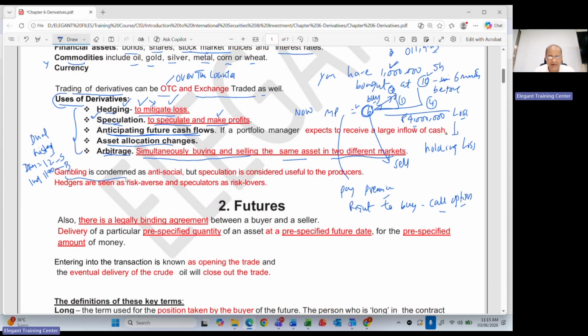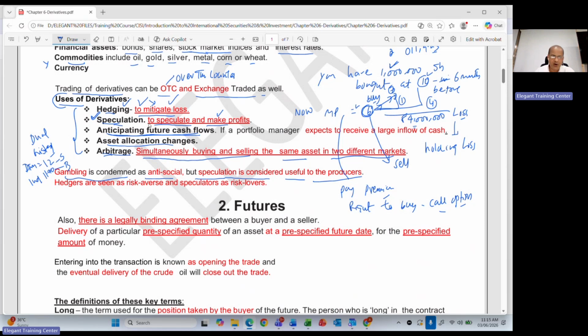Gambling is condemned as antisocial, but speculation is considered useful for the producers, right? Speculation can be on shares, on bonds, and also on commodities, metal, oil, gas. Generally, in many places, producers and manufacturers also buy commodity derivatives to hedge against their cost.